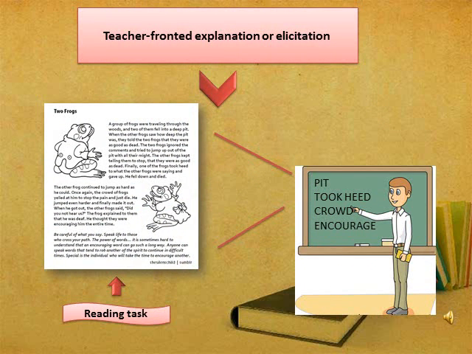Teacher-fronted explanation or elicitation. As an example, before a reading task, the teacher writes some words on the board. Words that appear in the text, but that students might not know.